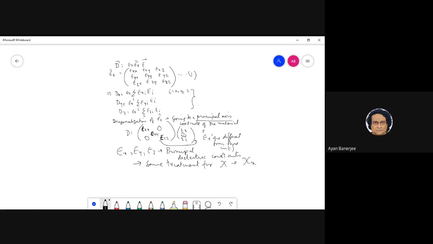But if I go to the principal frame, whatever displacement field is induced inside will be in terms of the principal axis coordinates. That is a better way to say it.